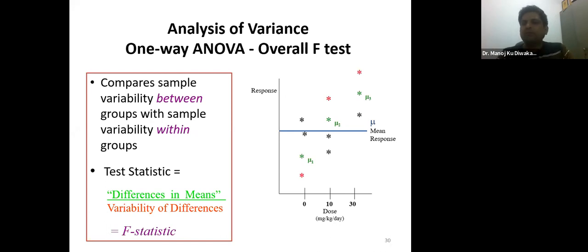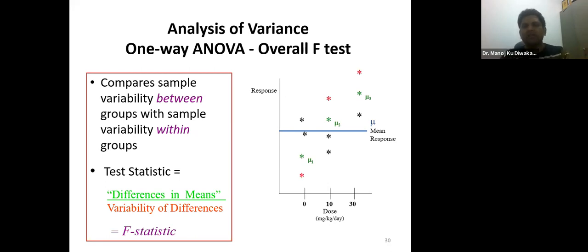This is the formula of the test statistic: the difference in the mean values and the variability of the differences. You can recall, in the t-test, the mean of one sample minus the mean of the other sample divided by the variability. Now we do the same thing for more than two samples: the differences of the mean values and the variability of the differences, and this is the F test. This is what we are going to do in analysis of variance.